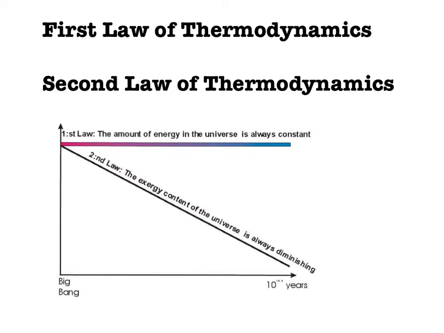Now that seems to contradict the first one. It's not that the amount of energy is diminishing. What's diminishing is the amount of usable energy to us. So the second law of thermodynamics tells us that with every energy conversion that happens, some of the original energy gets converted into an unusable form. Think of a light bulb in a lamp, especially the older style incandescent light bulbs.